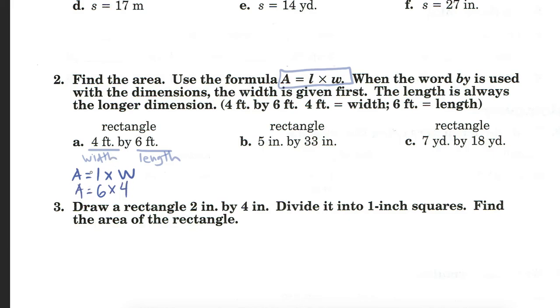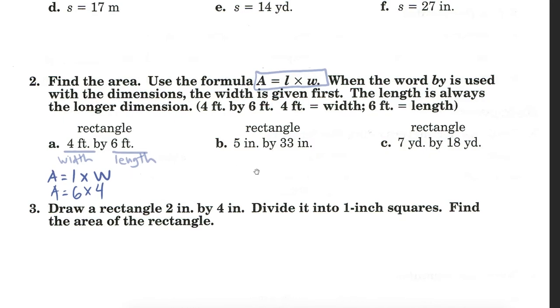You can do the rest by yourself. Even if you got it mixed up and did 4 times 6, I would still get the same answer, right? But I still need to see that you plugged in the numbers correctly. If I see 4 times 6, even though you'll get the area correctly, you're plugging into the formula incorrectly. So if I see it on the test that you got it mixed up, I can't give you full credit for the problem.